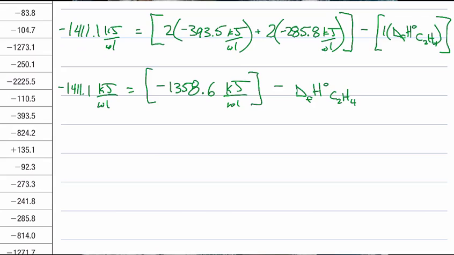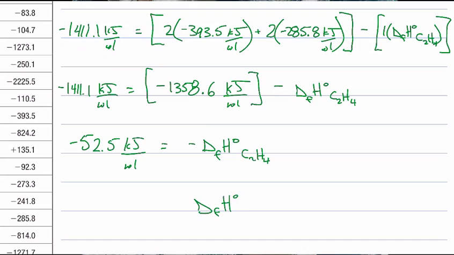So I'm going to add that to 1411.1, and I'm going to end up with negative 52.5 kilojoules per mole is equal to the negative enthalpy of formation of C2H4, which of course means that the enthalpy of formation of C2H4 is positive 52.5 kilojoules per mole.